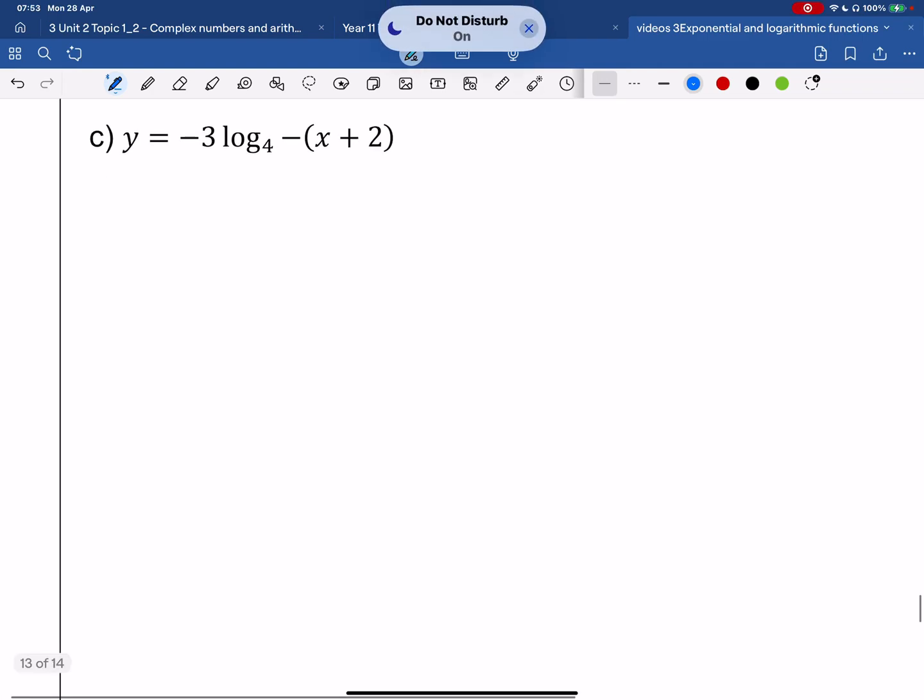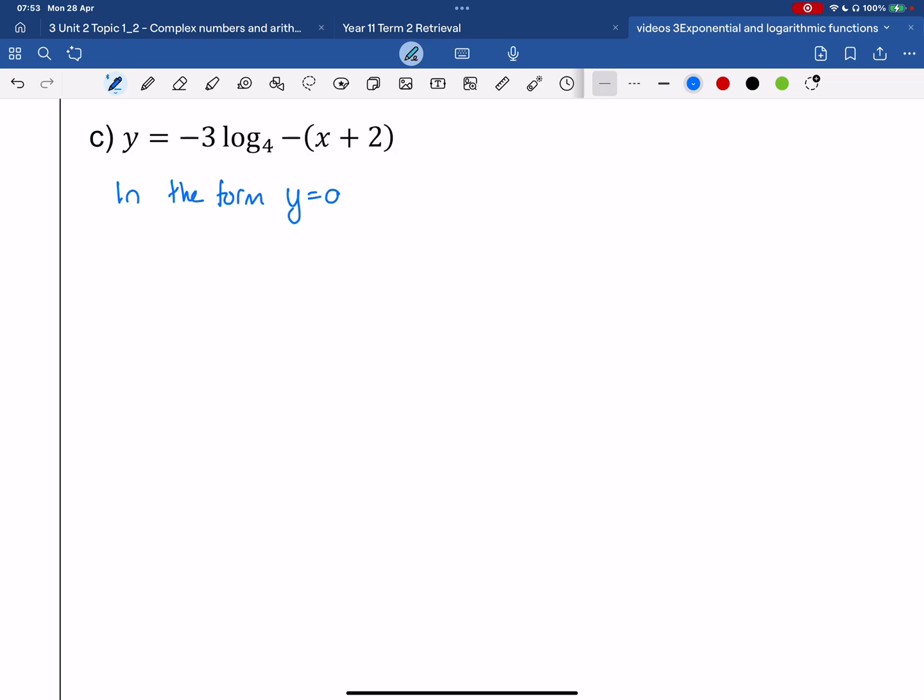Right, let's have a look at this one. y equals negative 3 log base 4 of negative x plus 2. Now if we have a look at our form, y equals a log base r of b x minus h plus k, let's just write again, y equals negative 3 log base 4 of negative x plus 2.